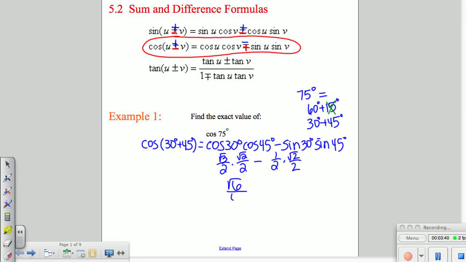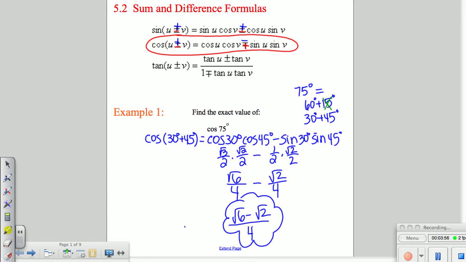And if I multiply straight across the top and straight across the bottom, I get root 6 over 4 and root 2 over 4. And the nice thing is that I have common denominators, so I can combine that into just one fraction. And that is my exact value of the cosine of 75 degrees.